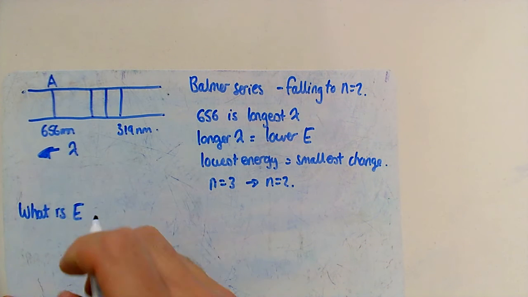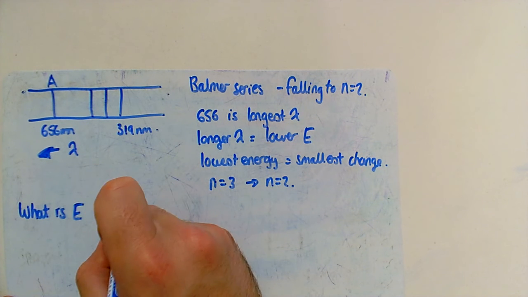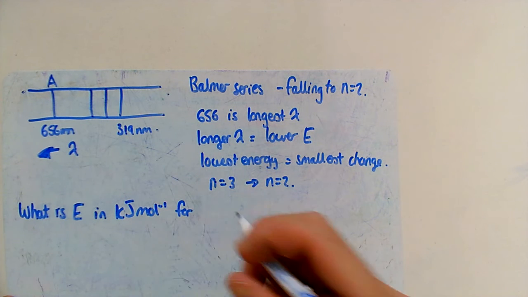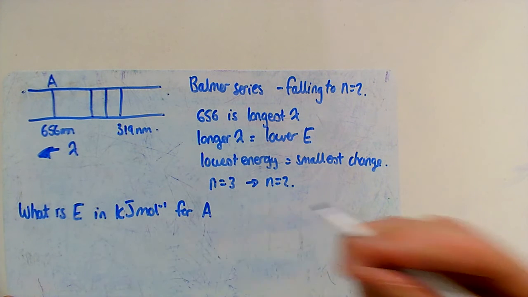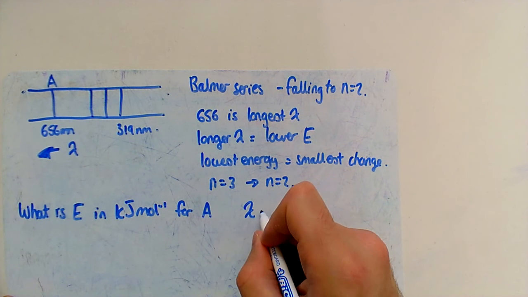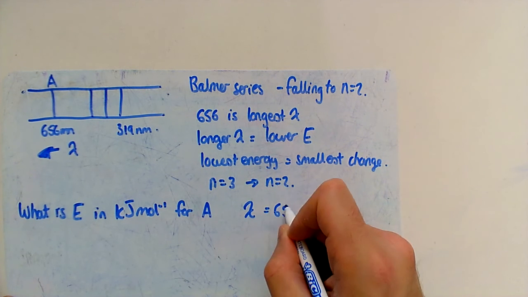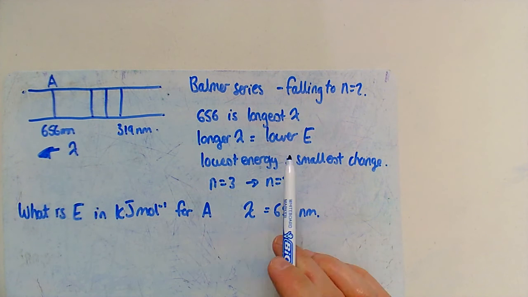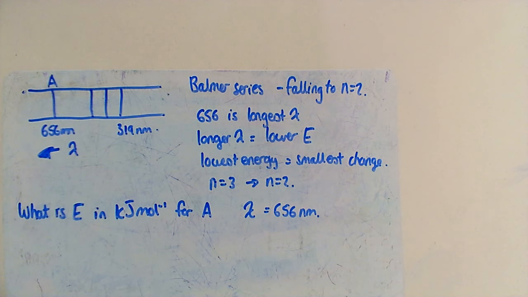What is the energy in kilojoules per mole for A? That was a wavelength of 656 nanometers. Now with this one, we have nanometers and we're working out an energy in kilojoules per mole.